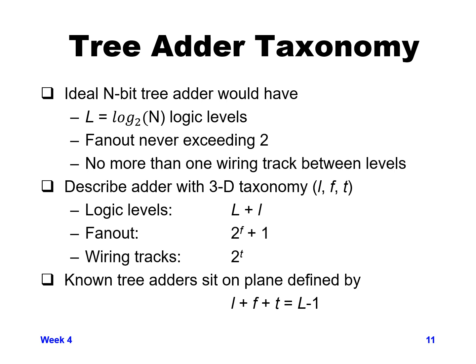Just as an example, if we're using a 16-bit adder, capital L would be log base 2 of 16, which is 4, and 4 minus 1 is 3. So we can find a 3D adder tree taxonomy where l plus f plus t has to equal 3. I'll go into that a little bit more in the next foil.